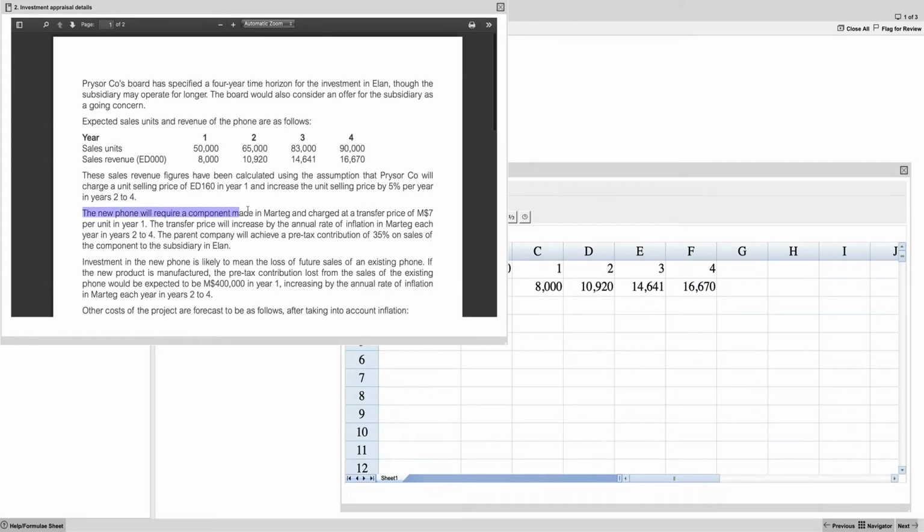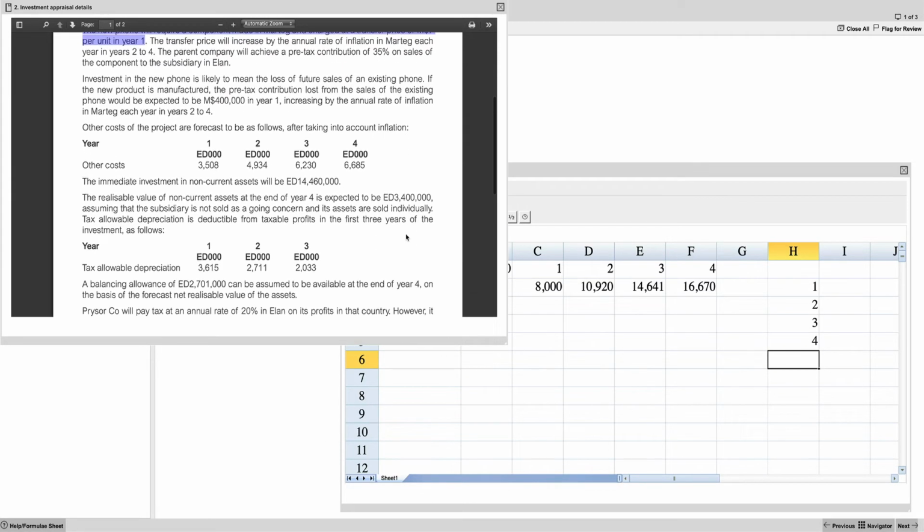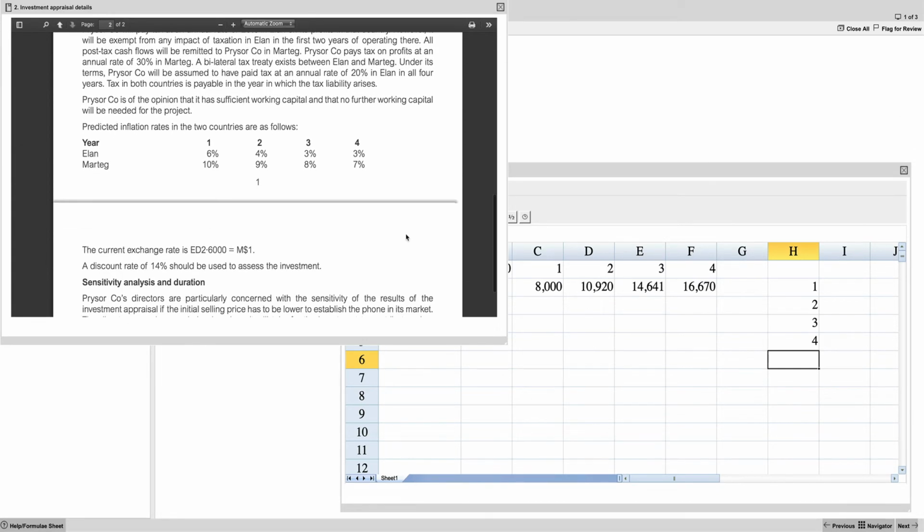So the new phone will require a component made in our country, and we're going to charge $7 each for it in year 1. So I want the exchange rates for each of the 4 years, because this is in our currency and I want it in E dollars for the moment. But all he tells me is the current exchange rate, which is year 0, 2.6 to the dollar. That's the counter currency.